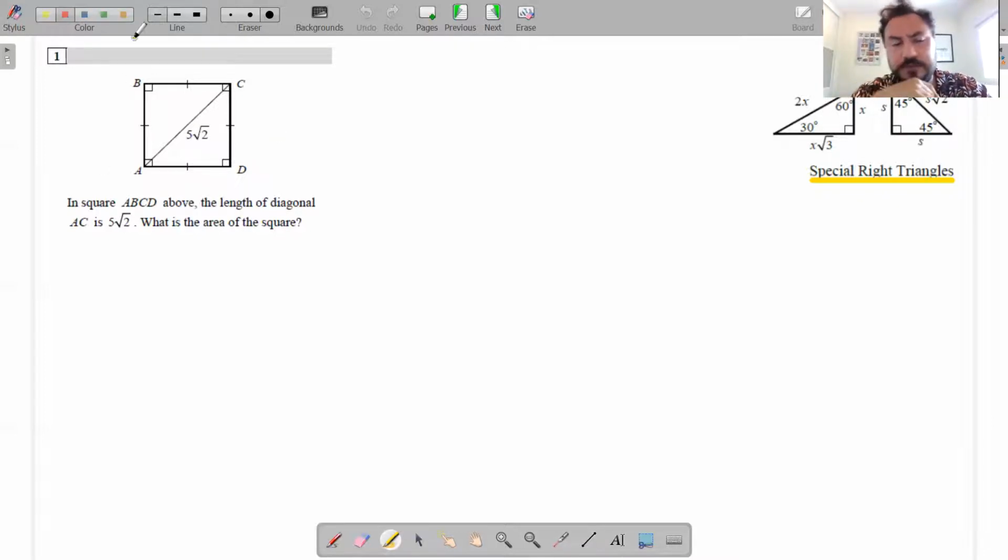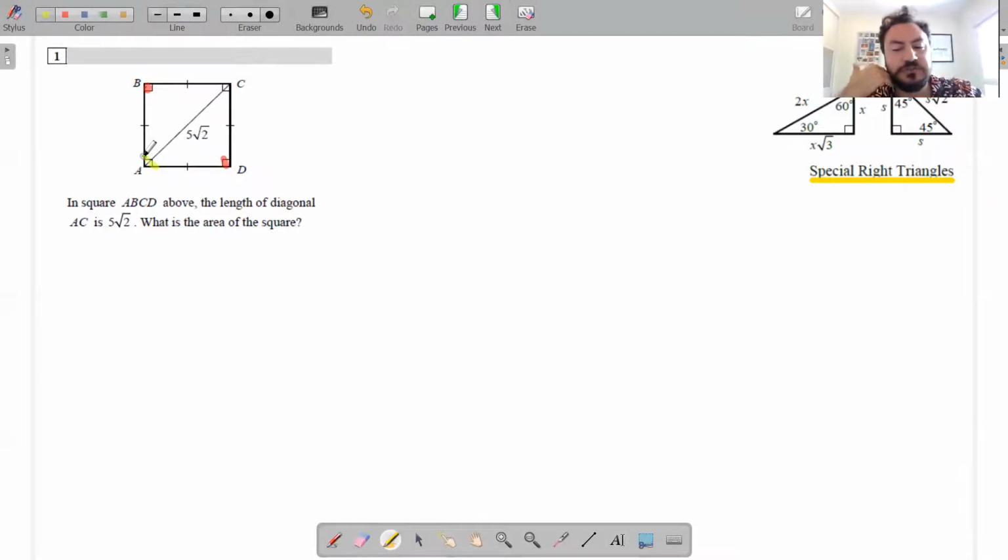When we deal with a square, we know that each side is the same. The sum of the interior angles is 360, but also each angle is 90. So when we have a diagonal like AC, automatically these angles are going to be half of 90, meaning 45.